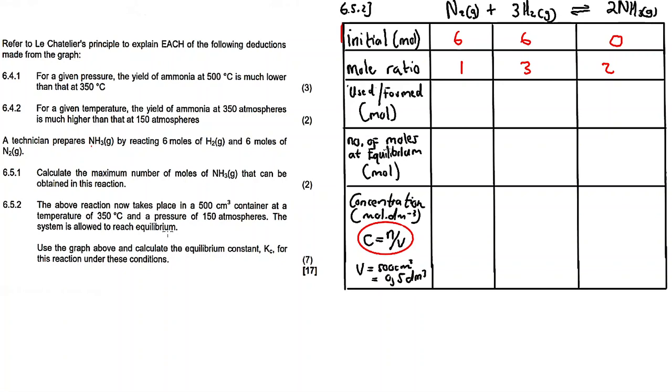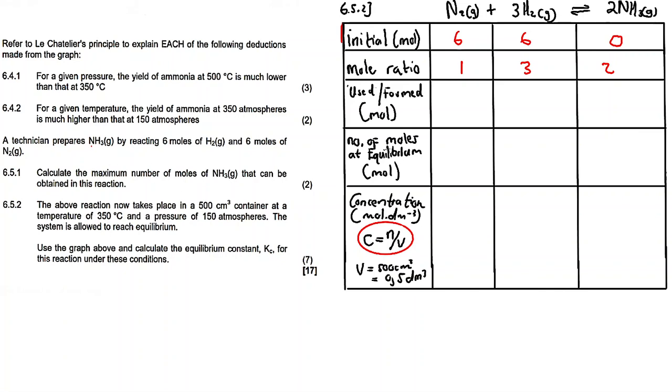Remember, firstly, there's a practical value and a theoretical value. So the technician is conducting an experiment, or rather preparing ammonia using hydrogen and nitrogen. Theoretically you get a maximum of 4 moles, but we don't use the exact or maximum amount because of these conditions.